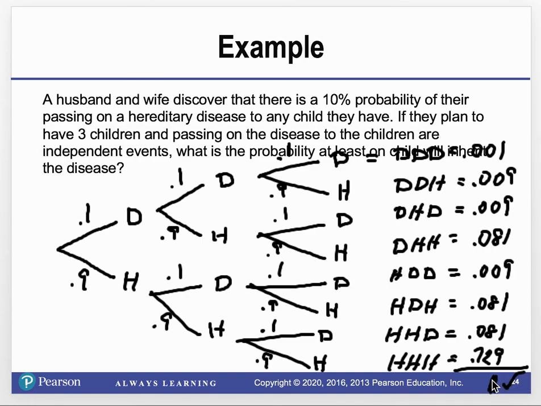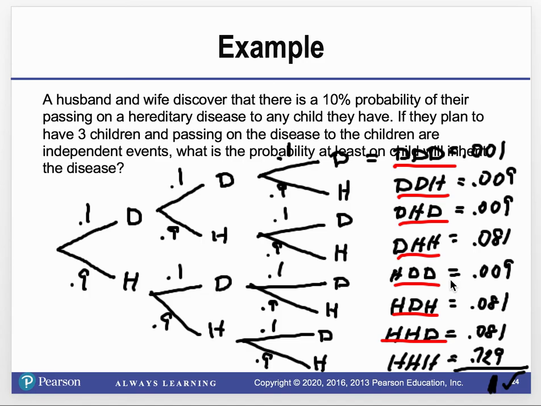Okay. So, at least one child has the disease. At least one. Which means we're talking about this one, this one, this one, this one, this one, this one, and this one. Right? The only time that at least one child doesn't have the disease is if they're all healthy. So these are the ones I need to add up.